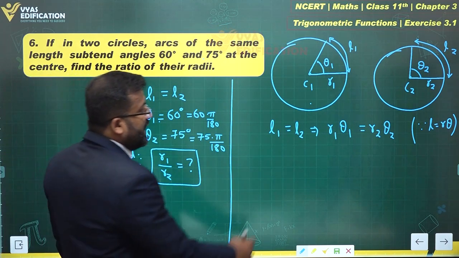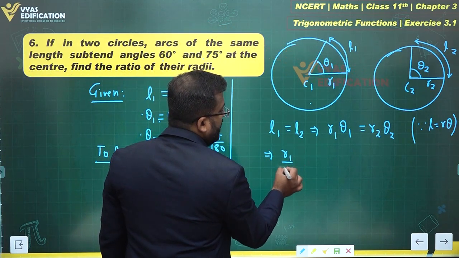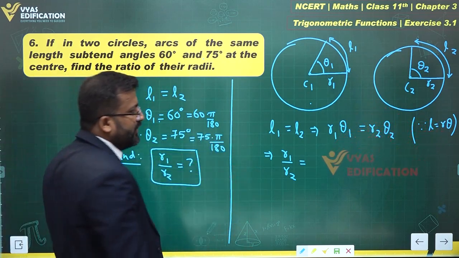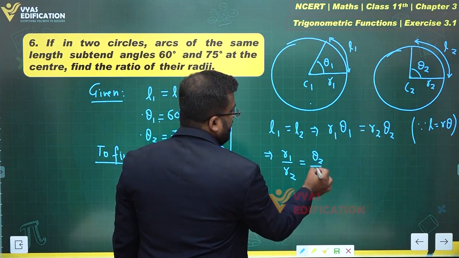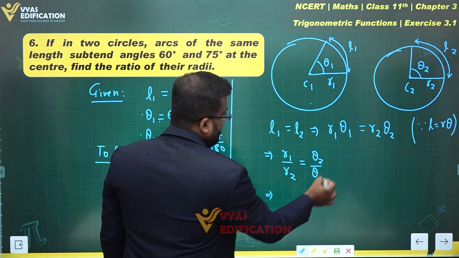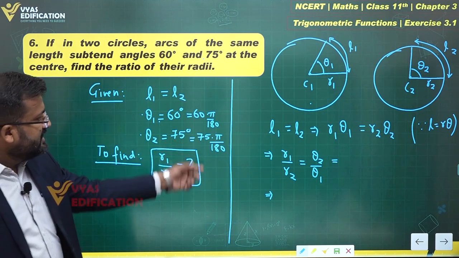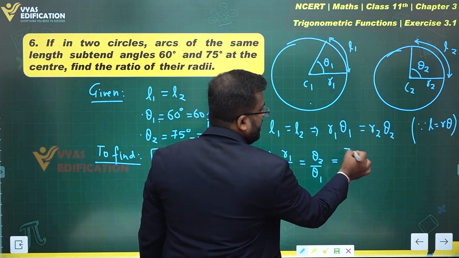So R1 upon R2 can be easily found. R1 upon R2 is equal to what? Now R1 upon R2 would be theta 2 upon theta 1. You can observe this is theta 2 over theta 1. What is theta 2 equal to? Theta 2 is 75 times pi upon 180.